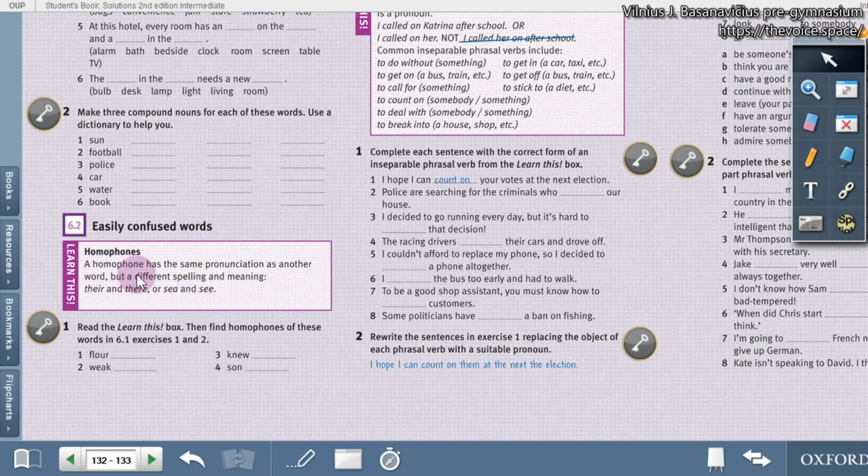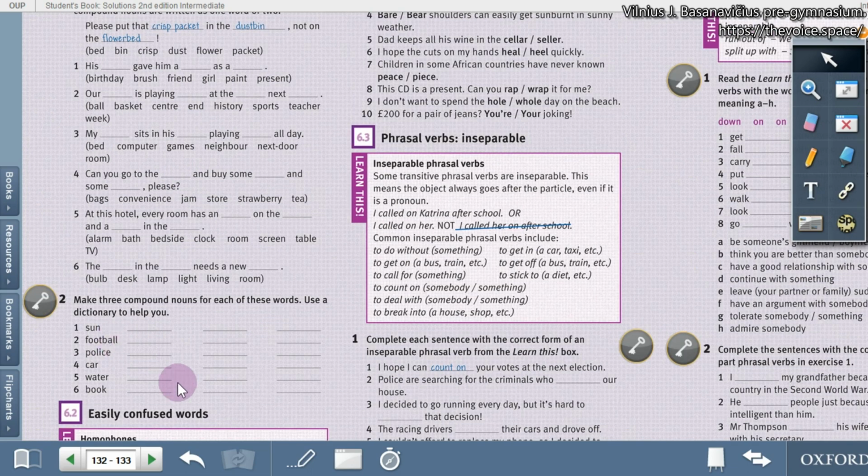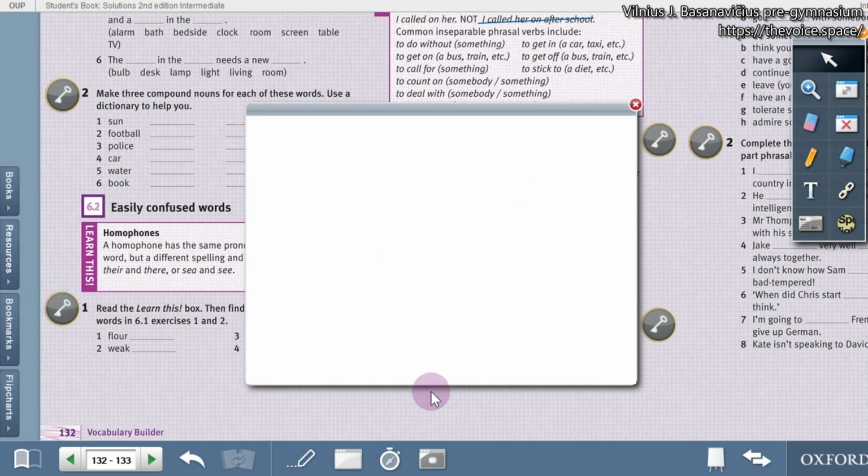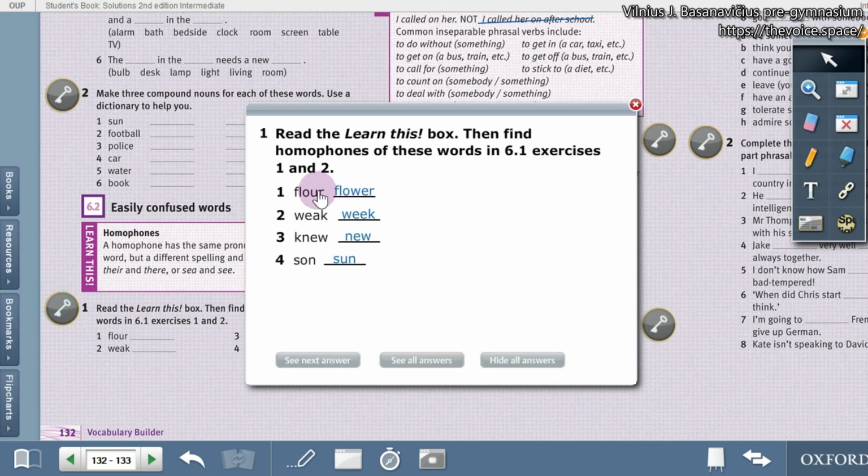So we have learned, read the Learn This box. Please find homophones of these words in exercises 1 and 2. So you need to do exercise 1 from part 6.2. The words that we may easily confuse are flower and flour. Actually, the spelling is different, but the pronunciation is different as well.